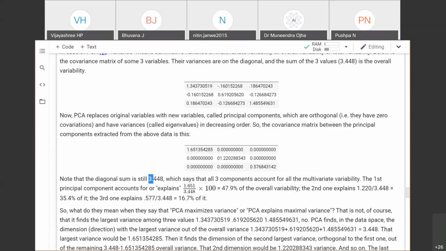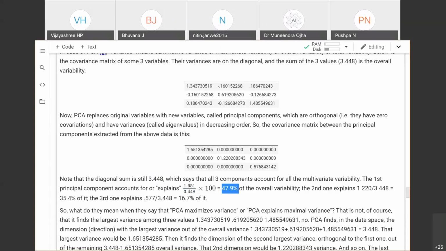That is 3.448. Now, out of 3.448, which principal component has got the maximum percentage? The first principal component has a variability of 1.651. How much percentage is 1.651 of the total variability? We can easily calculate by dividing 1.651 by 3.448, the total variability, and taking a percentage, and that accounts for 47.9%.